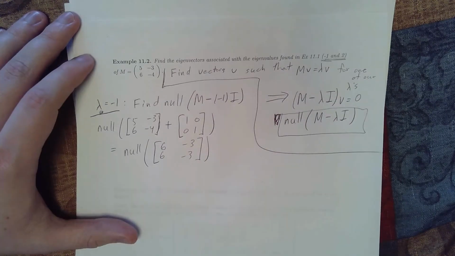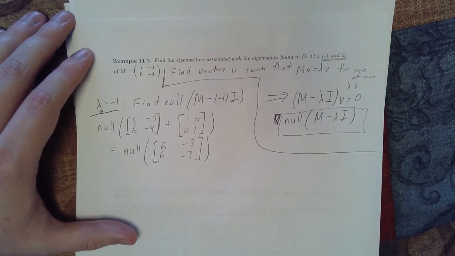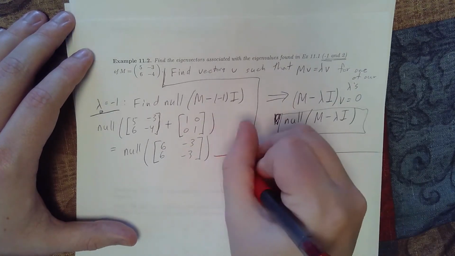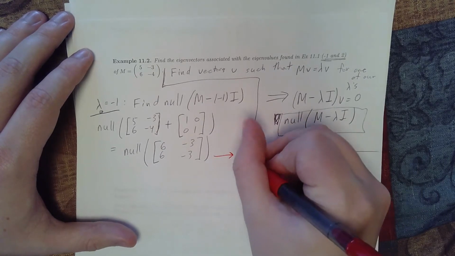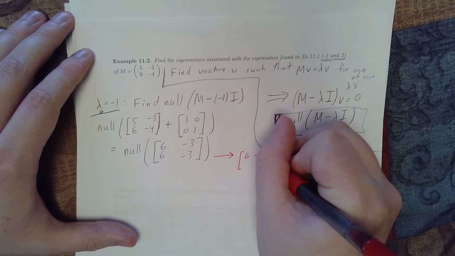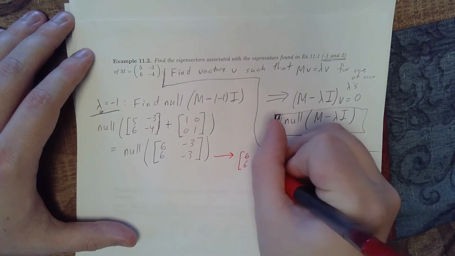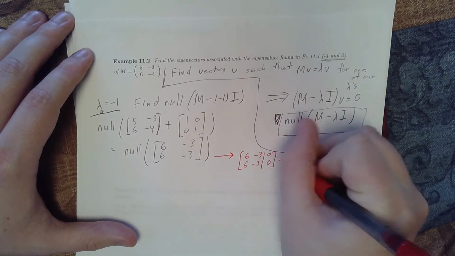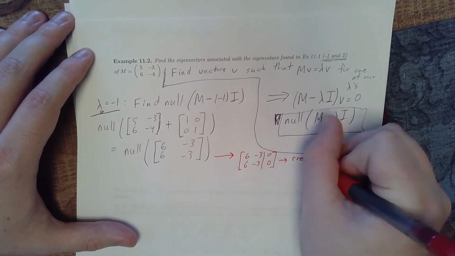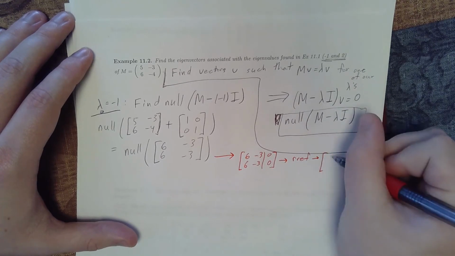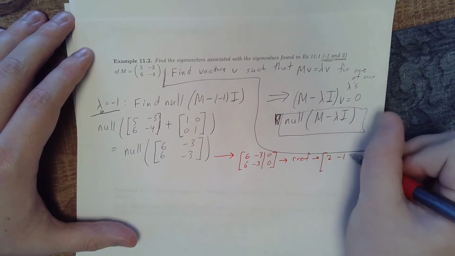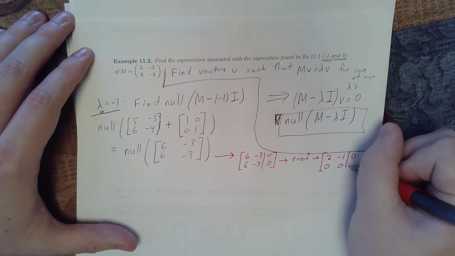And in order to find the null space, remember what we're doing is we're taking 6, negative 3, 0, 6, negative 3, 0, finding its reduced row echelon form, which will be 2, negative 1, 0, 0, 0, 0.